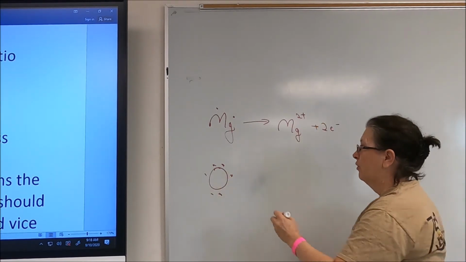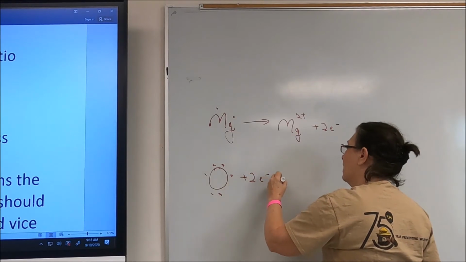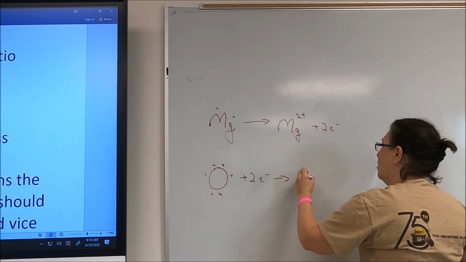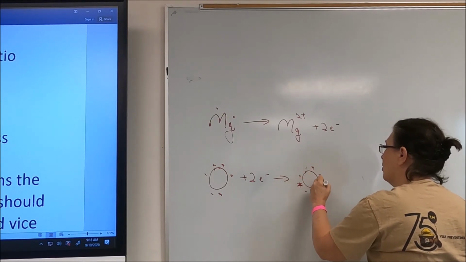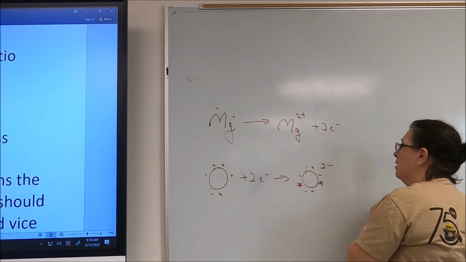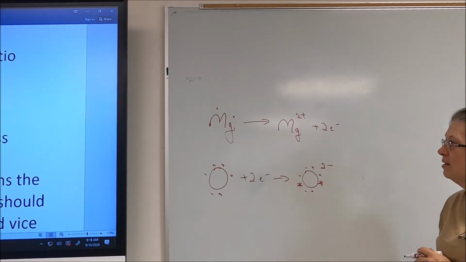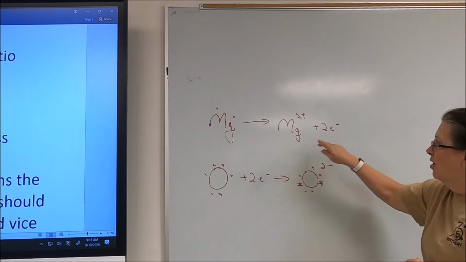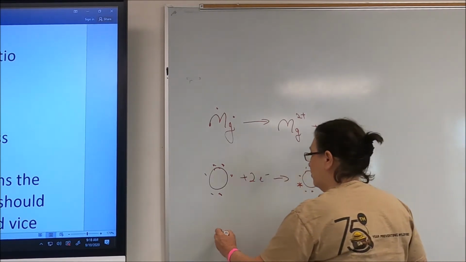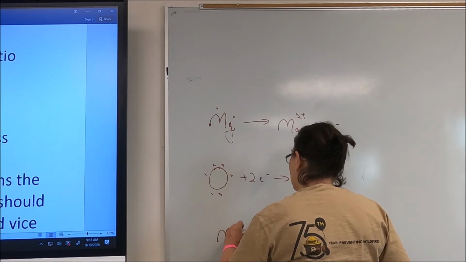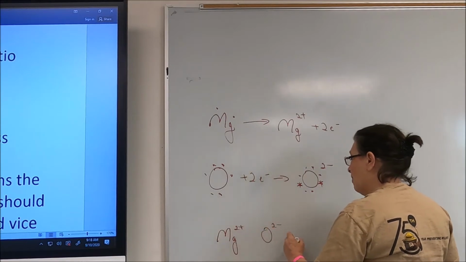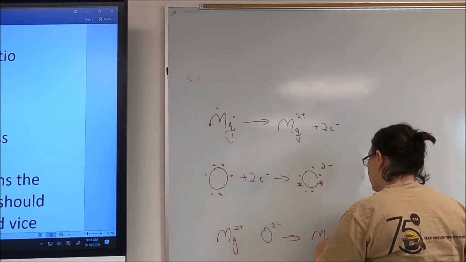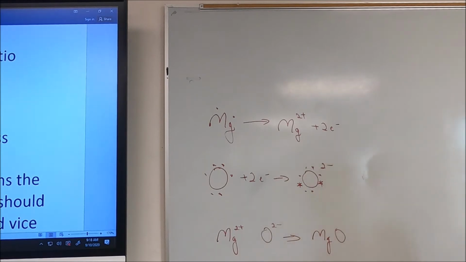Oxygen has 2 holes, so it wants to pick up 2 electrons. I'm going to star those in so you see they're different. It wants to become 2-. So with 1 magnesium and 1 oxygen, I have a magnesium 2+ and an oxygen that's 2-. Since they have the same magnitude of charge, they're just going to combine: MgO. 1-to-1.